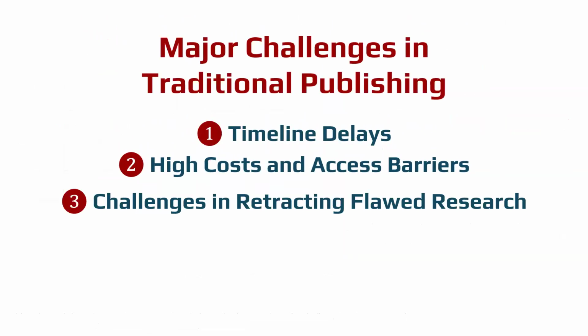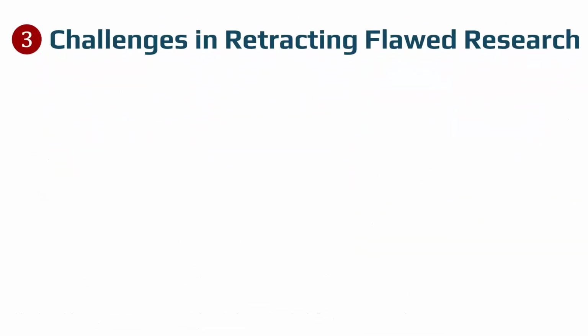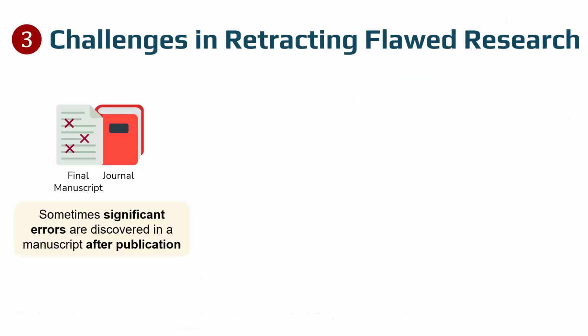The third challenge in traditional publishing is the retraction of flawed research. Sometimes, after a final manuscript is published, after many years, significant errors are discovered in it. First of all, this brings me back to one of my first slides: the journals say that they made the process of publishing very difficult because they want to be rigorous and ensure the quality of the research that is published.